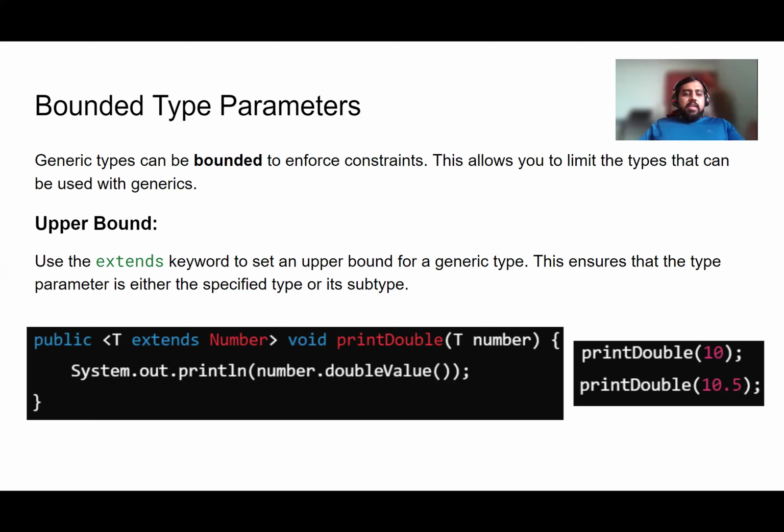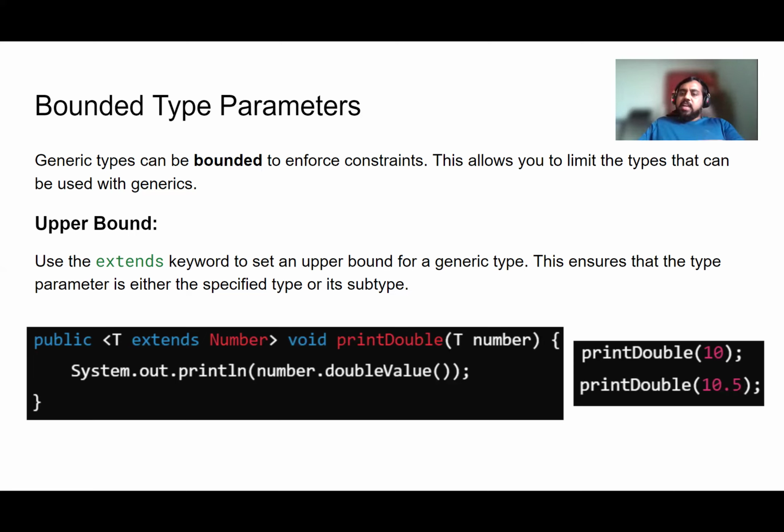Here you can see in the example I have defined a method which returns void and is public. Here I'm defining the type of data it needs. T is the type of data it needs, and it also extends Number. So either you can pass a Number, the parent class, or its child classes.